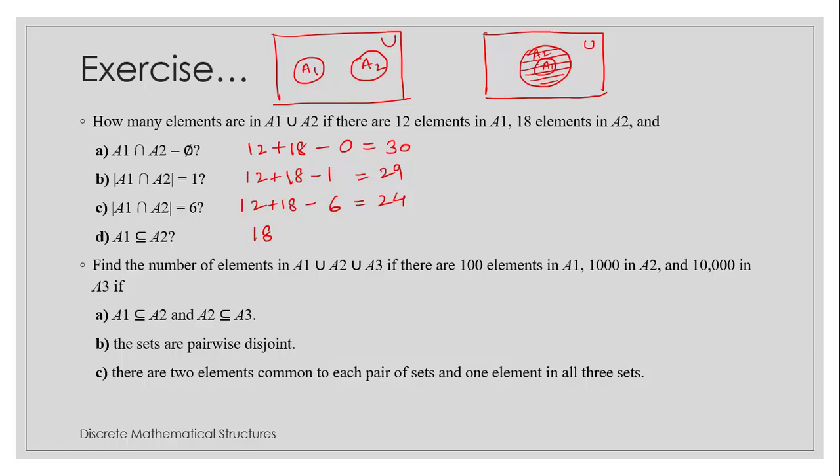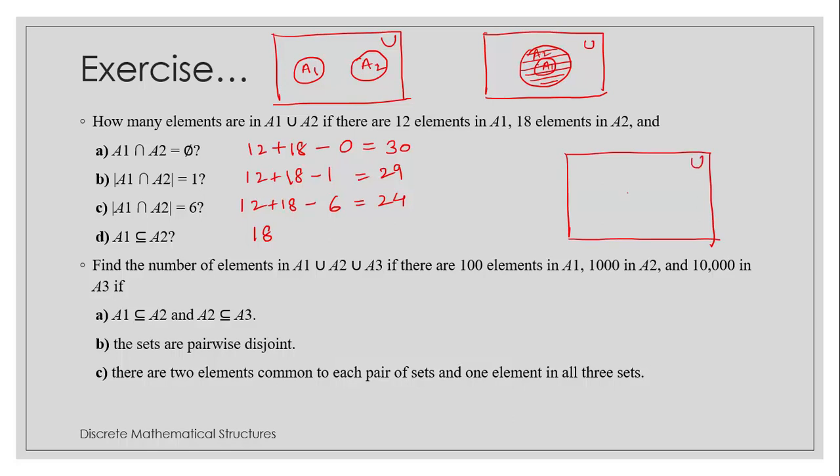Now find the number of elements in A1 union A2 union A3, if there are 100 elements in A1, 1000 in A2 and 10,000 in A3, if A1 is a subset of A2 and A2 is a subset of A3. Now this is also similar to the last question.